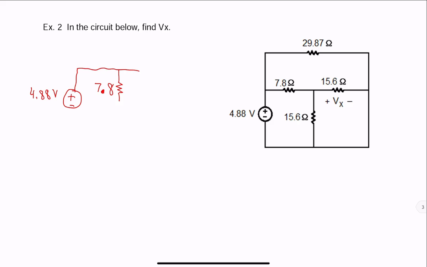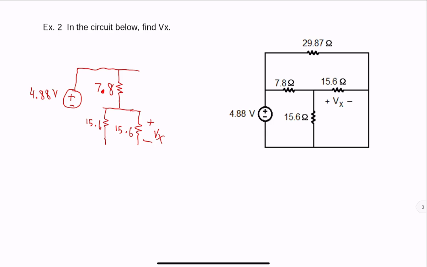Also notice that the numbers here, 29.87, 15.6, 4.88, they are not whole numbers, so we will have decimals in the equations. 7.8 is connected to a resistance of 15.6 ohms, and another 15.6 ohm resistor, where Vx is across that.